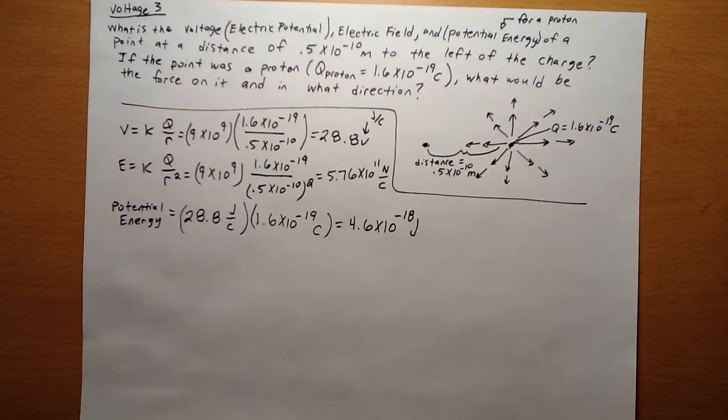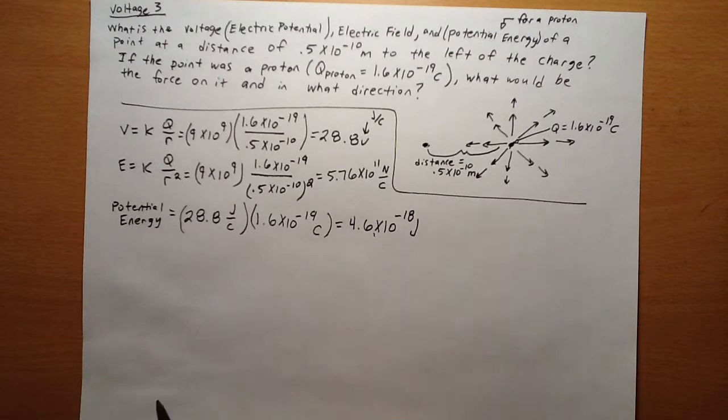Now, remember the tree example we did in the last video. And I told you that at ground, at the base of the tree, where the apple was going to fall to, the potential energy there was 0 joules because it's ground. Energy is always relative to something.